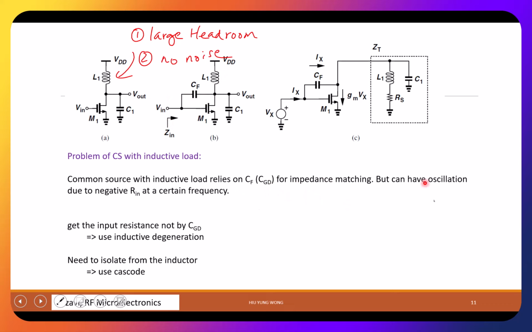But you have a chance to get into oscillation because that impedance can have a negative value for certain frequencies. We spent a few slides to go over that. I don't expect that you can derive it in the exam, but I hope you can follow if someone tells you about this. That was the problem, right?